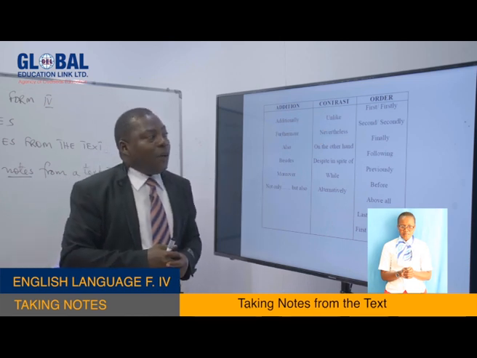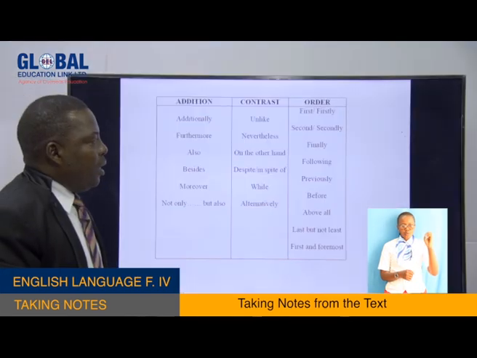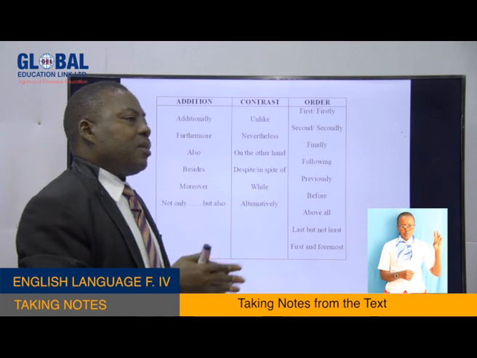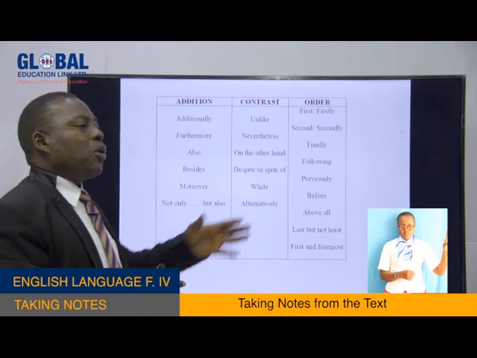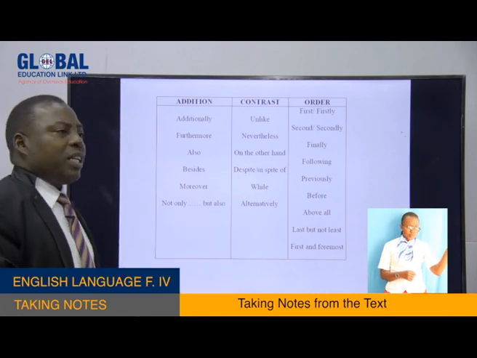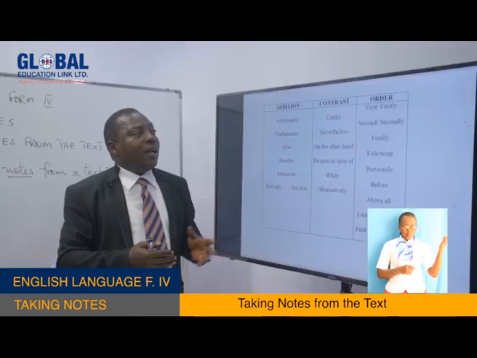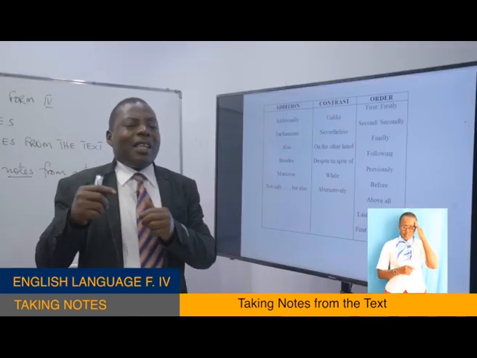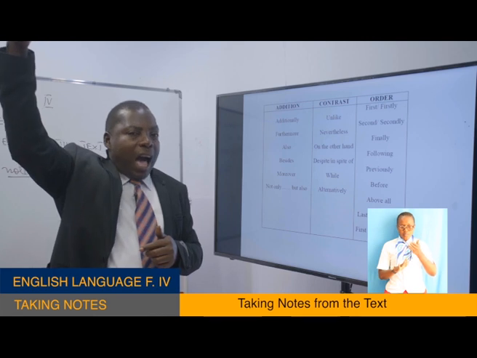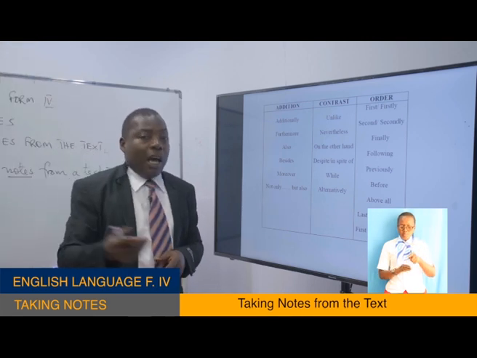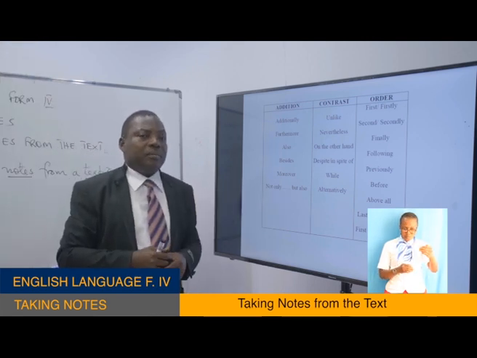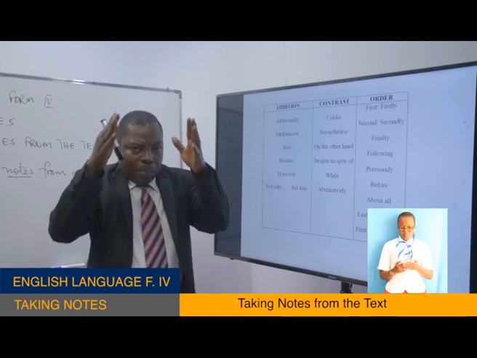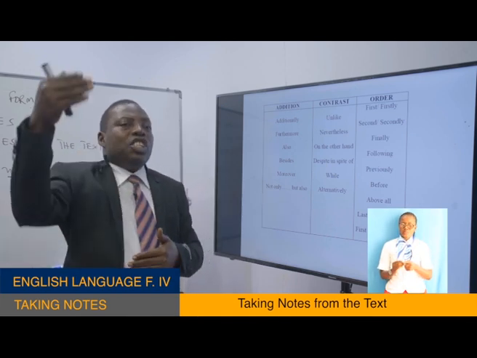Whereas the following column talks about sequence. Whenever you come across those words, if you talk about first, that means there is another thing that comes, which has to be the second. So points will be arranged sequentially.